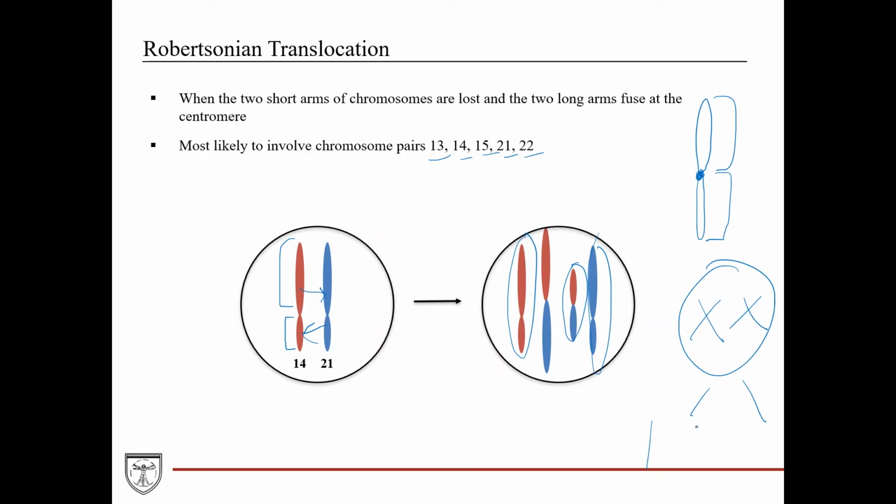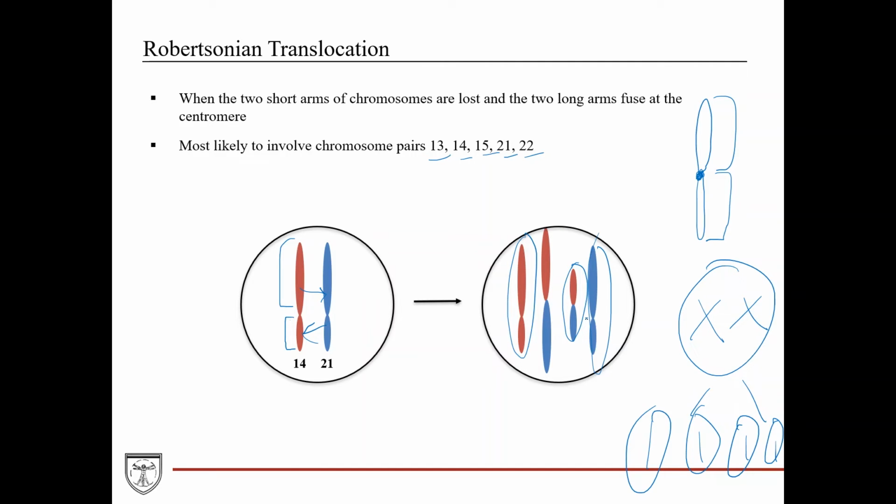And you would divide 1 into 1, and 1 into 1 like this, right? And so instead, because of this translocation, you only have one copy of the 14, one copy of the 21, and then you have this fused chromosome that's a result of the translocation, fused long arms, and then you have fused short arms here. And so this is what's going to be divided.